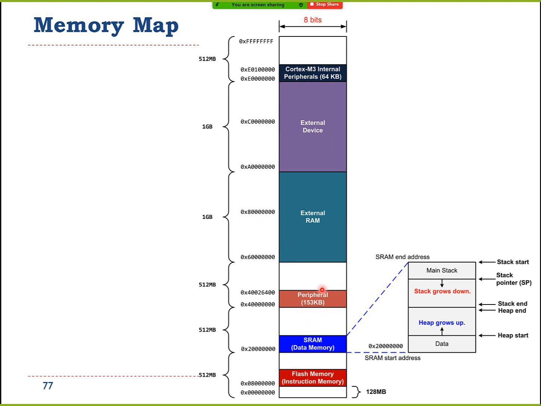It might have some peripherals, and the addresses of the peripherals might be different. So this is called a memory map for the processor. For the processor, every device has an address, and if it needs to communicate with that device, you need to provide the address for that device.